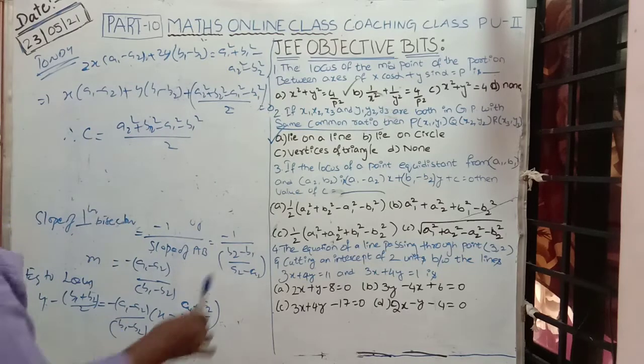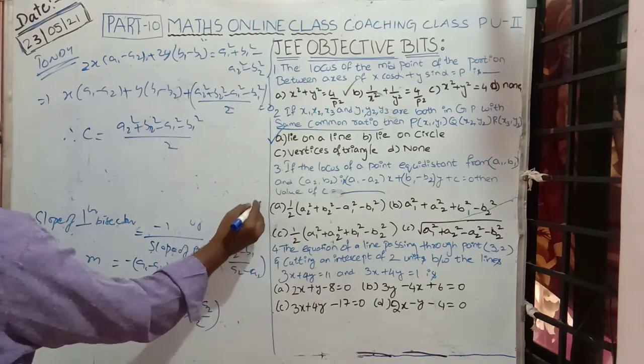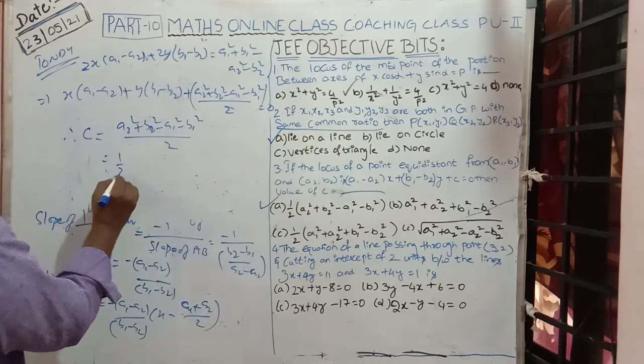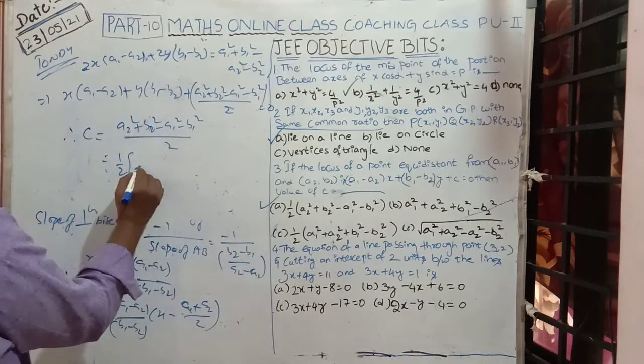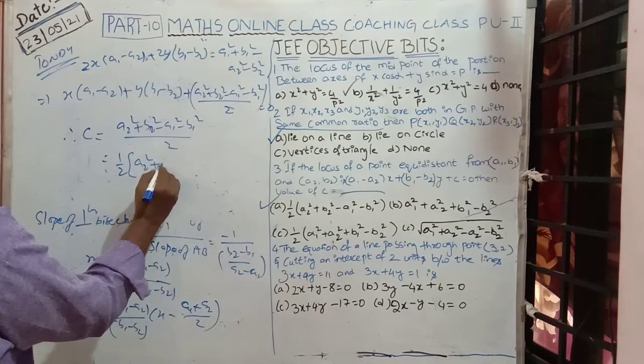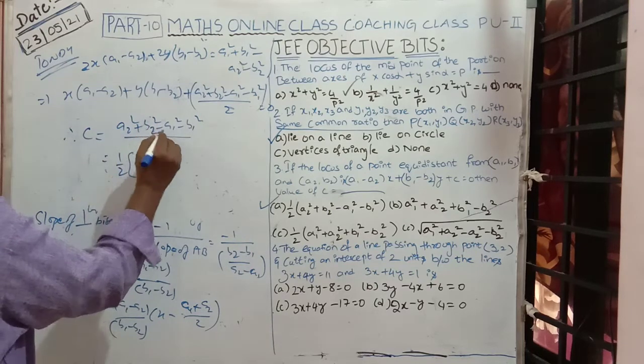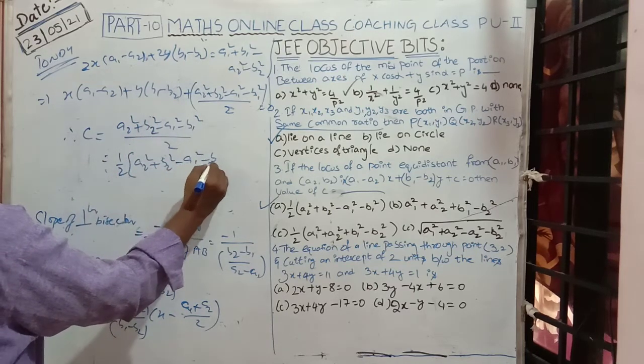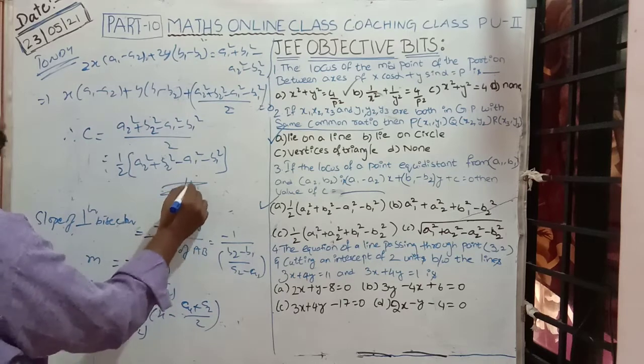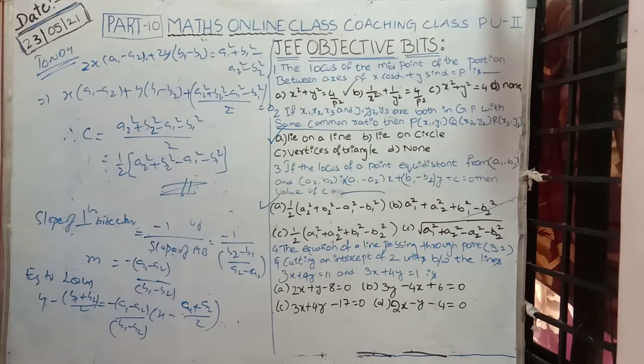The same concept is there, you see. I will tell clearly: 1 by 2, a2 square plus b2 square, minus a1 square minus b1 square. A very good concept.